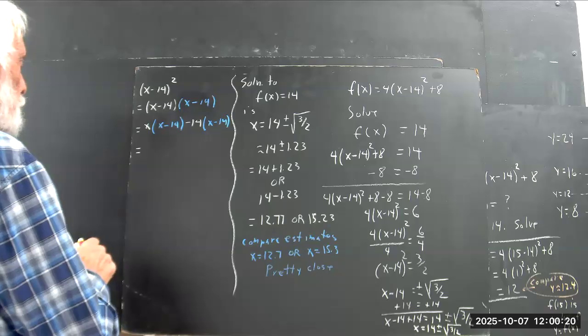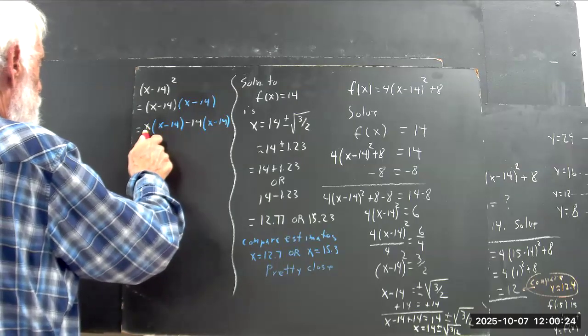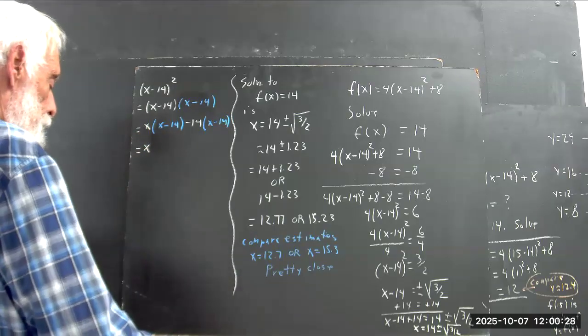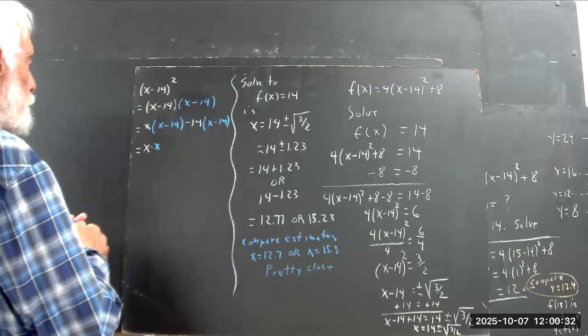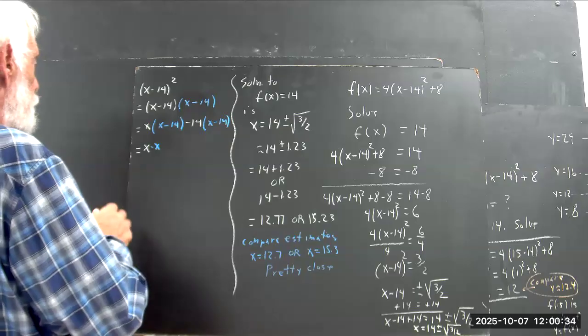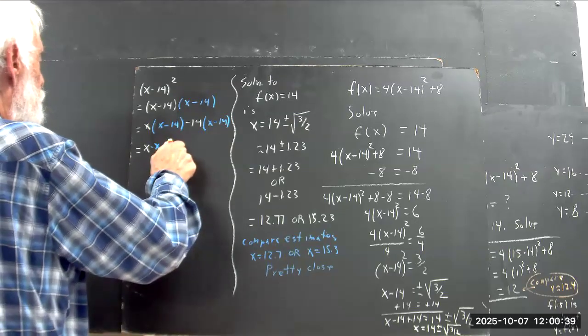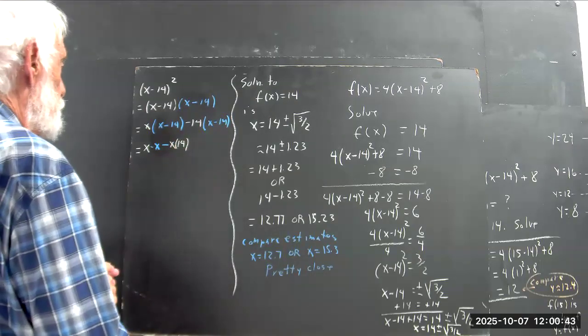And that equals what? Well, x multiplied by x minus 14 is x times x. I'll keep the color coding. And then it's minus x times 14.